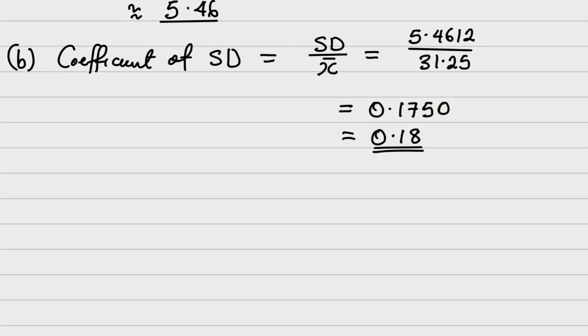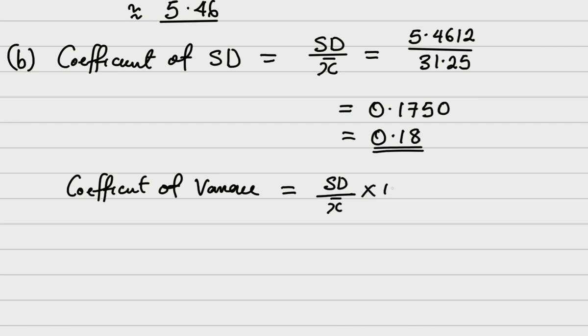Then the other one is to find coefficient of variance. Now coefficient of variance is actually coefficient of standard deviation times 100%. So it is actually SD all over X, that is mean, times 100%.